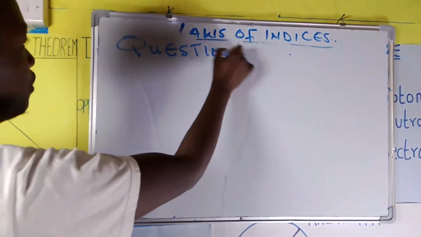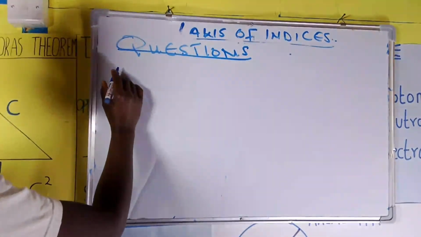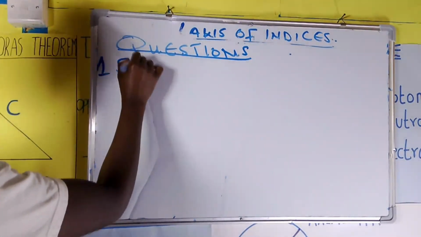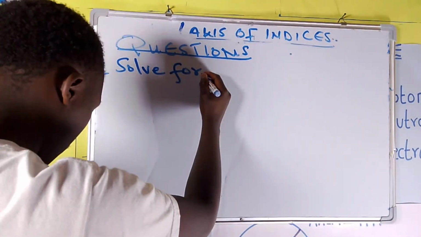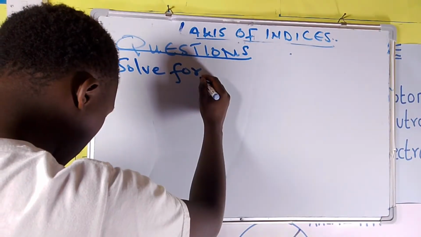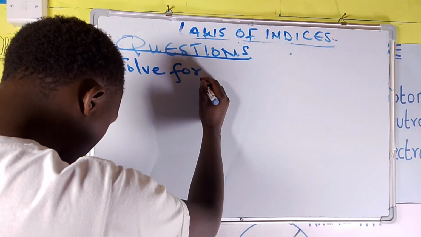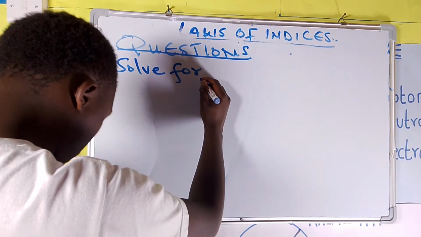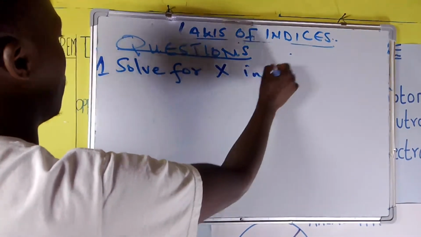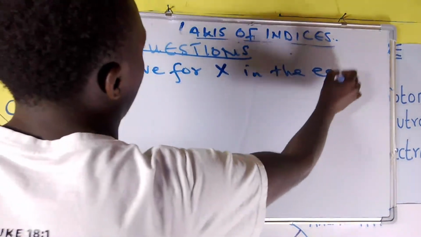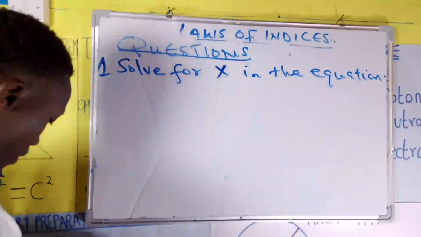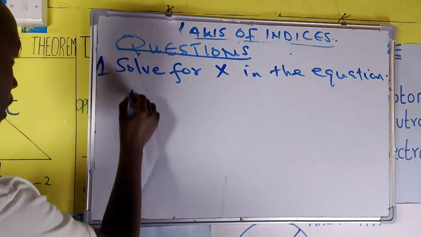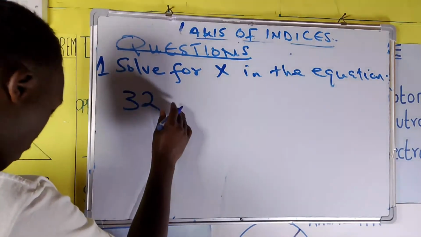We have some questions here. The first question is, solve for x in the equation. So this one is a combination of multiplication and division law.